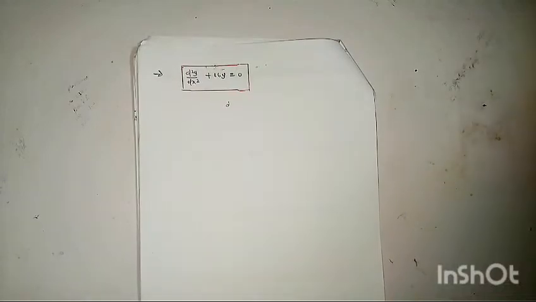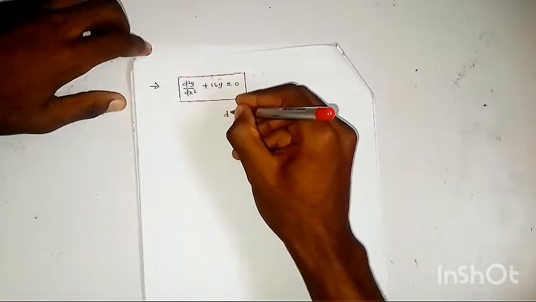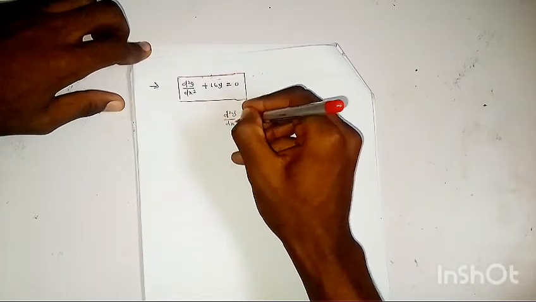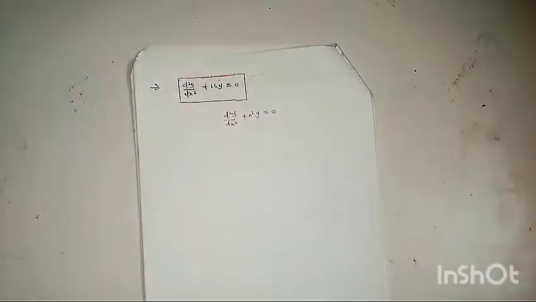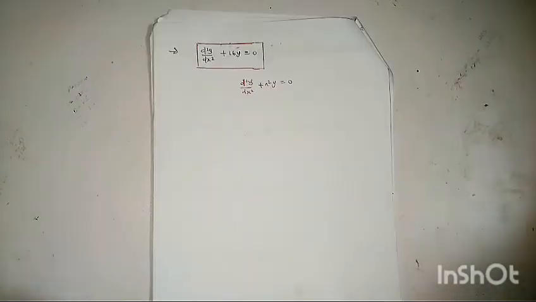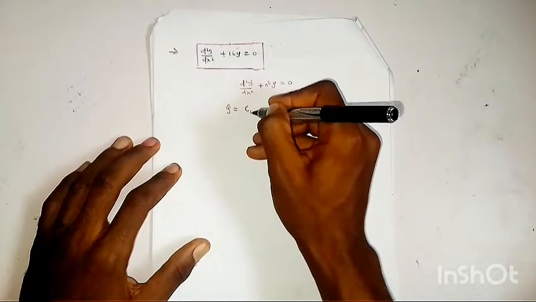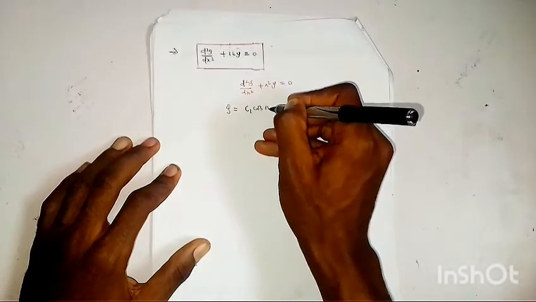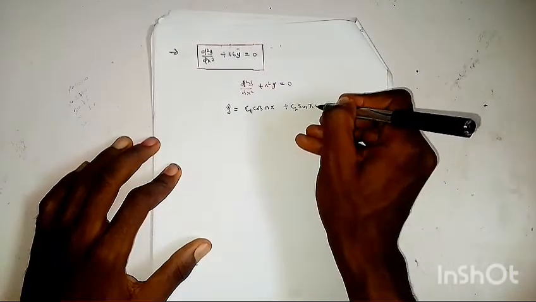Like I said, to solve this particular differential equation, given the form d square y over dx square plus n square y equals 0, the solution to this particular differential equation becomes y is equal to c1 cos nx plus c2 sine nx.